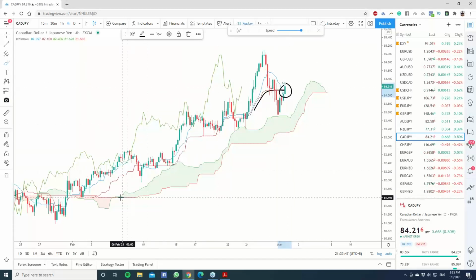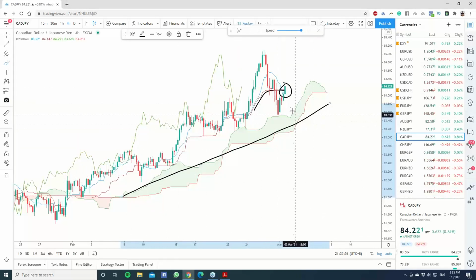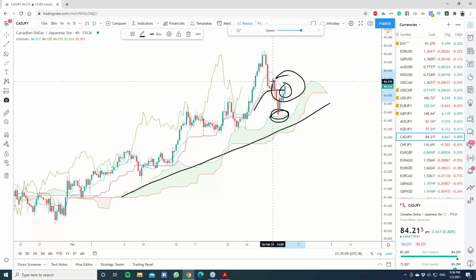But you can also see the cloud has always been supporting price, and just recently it has bounced off. So maybe you want to be cautious. You want to wait for a clearer sign from the Kijun Sen and see how price develops from there. But sometimes when you see a situation like that where you have an unclear indication, don't trade. Just skip it.